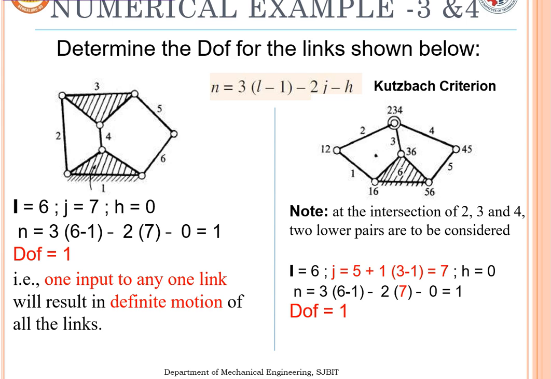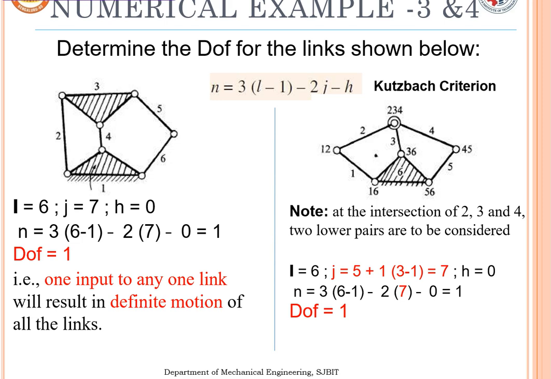Further, to calculate the degree of freedom, here is a different structure which has a frame. As per the definition, in numerical example 3 the number of links is 1, 2, 3, 4, 5 and 6.